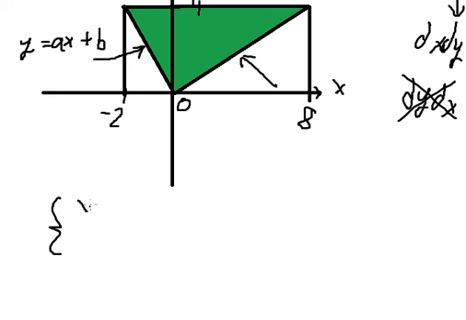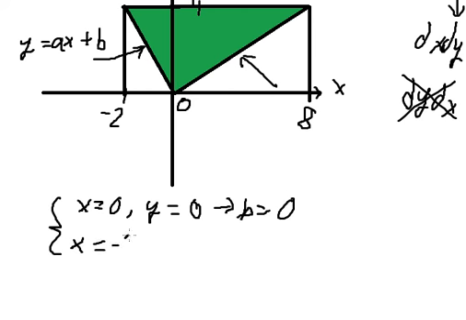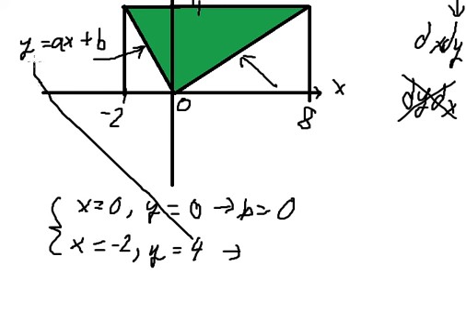So we put x equal to 0, y equal to 0, into this equation in here. So you get 0, 0, so we can find b equals 0. Now the second one, we have x equals negative 2, y equals 4. So we put negative 2 in here and positive 4 in here.